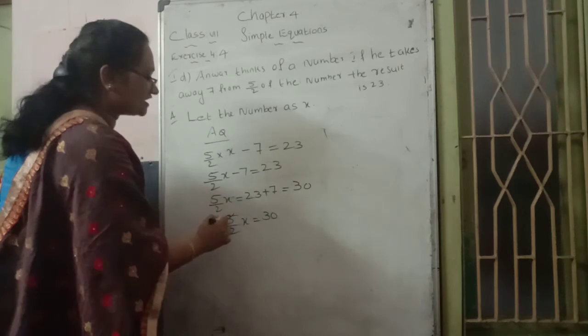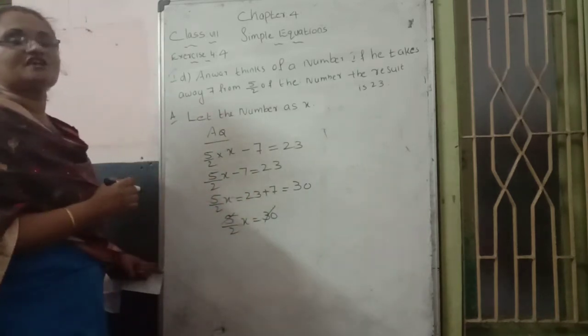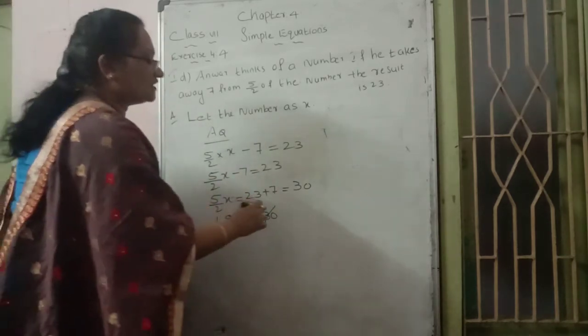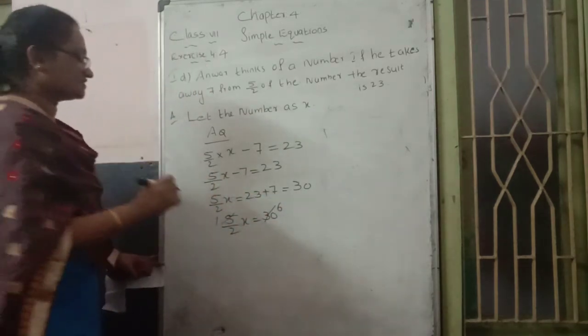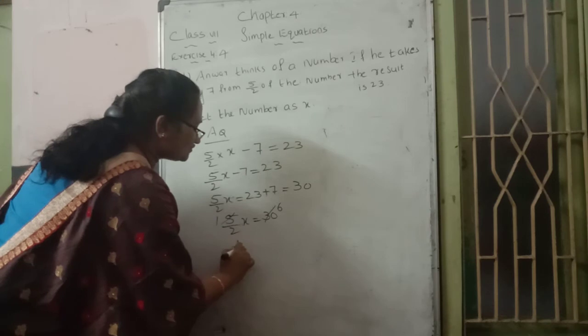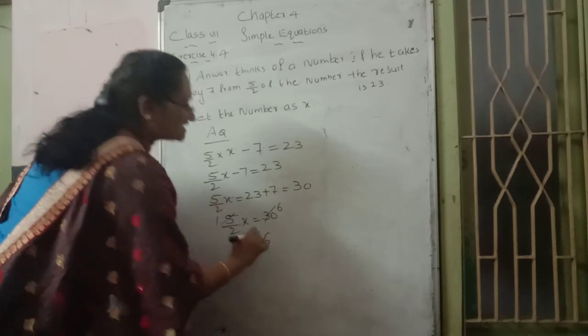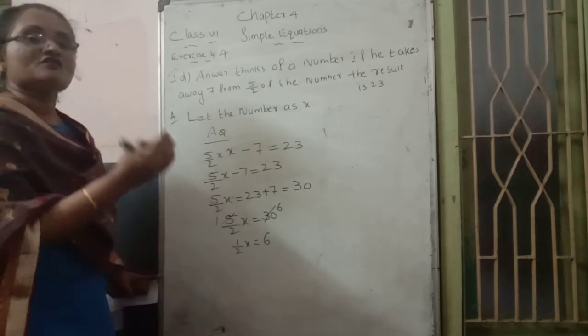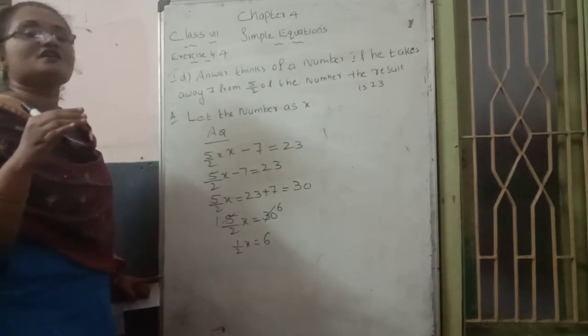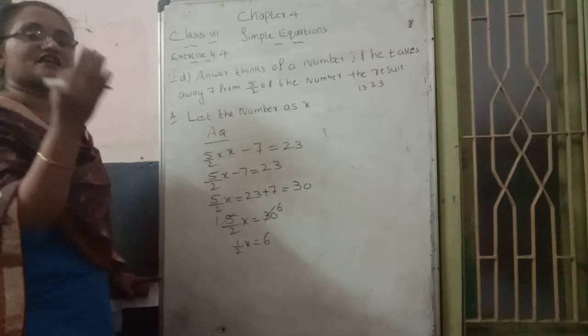Then check the right and left cancellation. Yes, numerator and numerator cancellation is possible. 5 table: 5 one time 5, 5 table 30: 5 sixes are 30. So 1 by 2, we get 1 by 2 x is equal to, on the right side, which number? 6. Therefore x value becomes how much? 1 by 2 is a fractional number. Sending it to the right side, how do we write it?